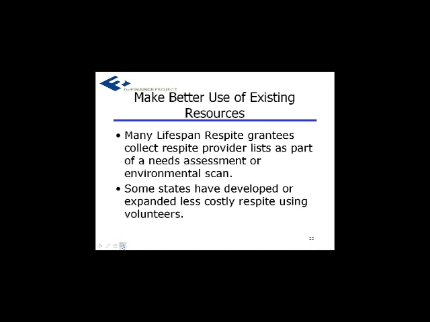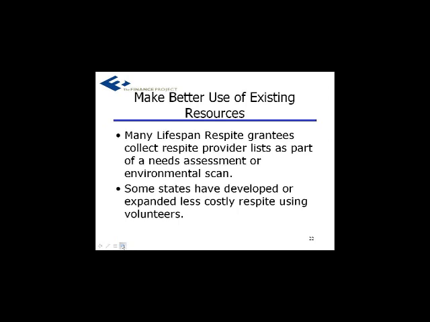So a number of grantees have collected respite provider lists as part of a needs assessment or environmental scan. So there's a couple of ways to try to capture information that can be difficult to capture.